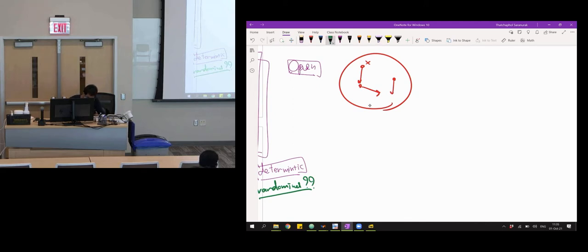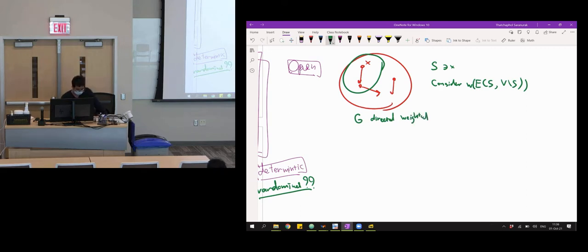Given any cut S containing x, you define the cut size to be just one direction: the total weight going out of the cut, since G is directed and weighted. And the goal is to find such a minimum cut.